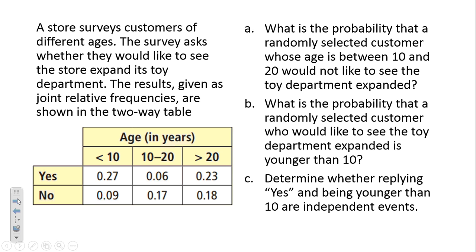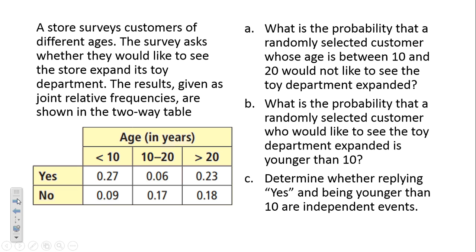We look for what we're looking for divided by the total number of respondents, right? Okay, so we're checking out people between the ages of 10 and 20. So we've got this middle column who would not like to see the toy department expanded. How many would not like to see it expanded?